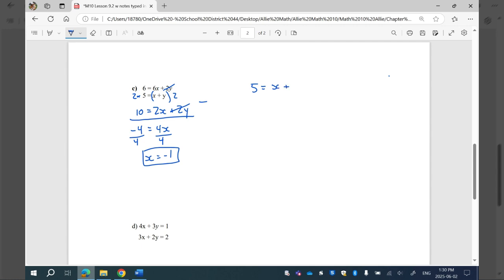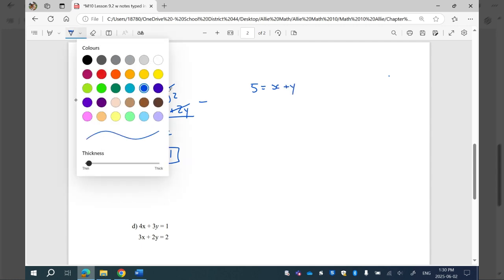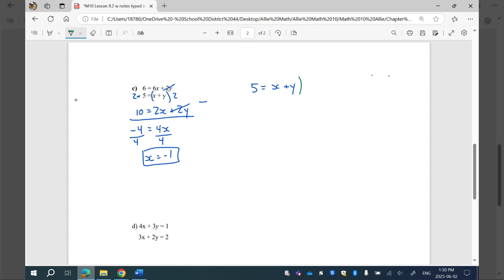And we could have also, from the beginning, let me just draw it again right here, 5 equals x plus y. We could have also multiplied them all by -2. So you can multiply by -2 if you want to do the adding method. So then we would get -10 equals -2x, subtract 2y.